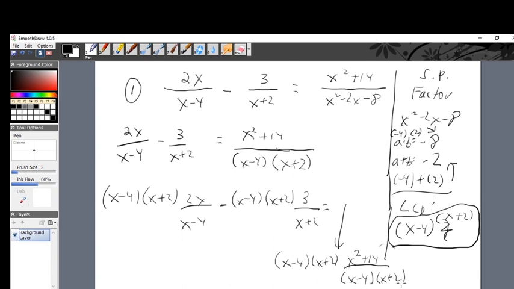Okay, so I'm going to write this again over on the next video, but let's just set up for where we're going with the next video. We have the left-hand side of the equation, which is being multiplied by x minus 4 and x plus 2. That's the LCD that we got over here. And we are multiplying the right-hand side of the equation also by x minus 4 times x plus 2.